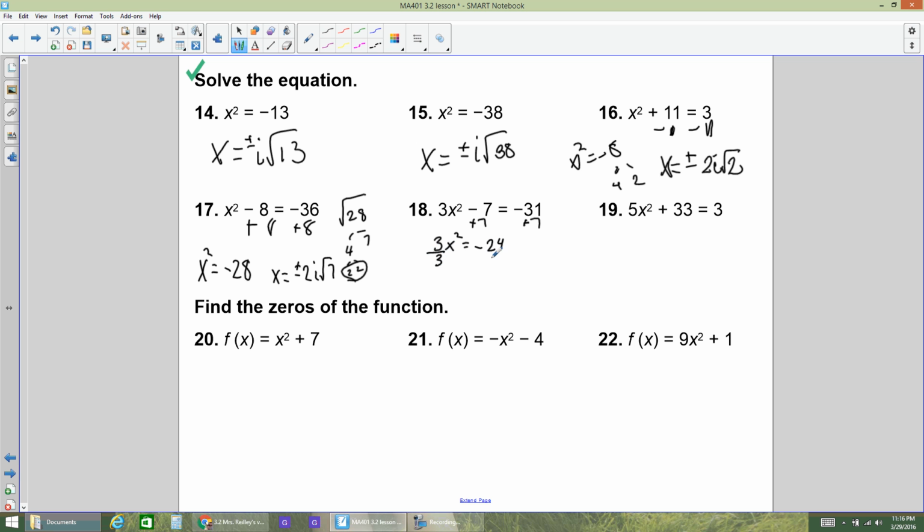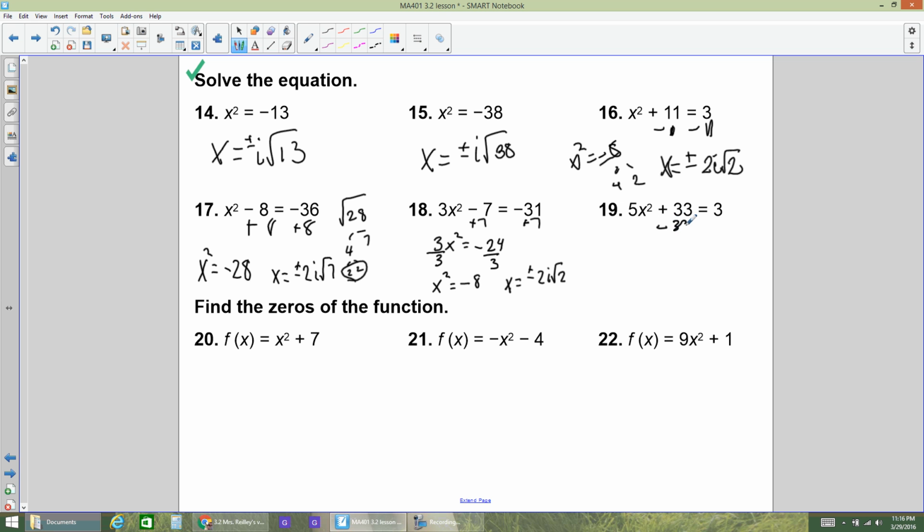Divide by 3, divide by 3. x squared equals, what is negative 24 divided by 3? Negative 8. Hey, we just did an 8 a minute ago. Remember what it was? It was right up here. So x equals plus or minus 2i radical 2.